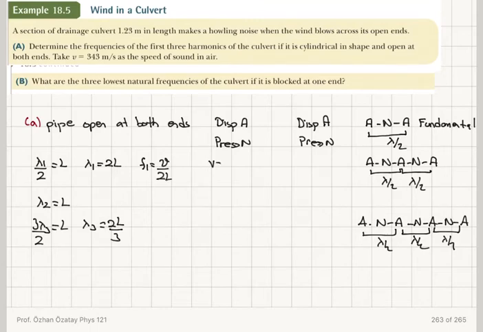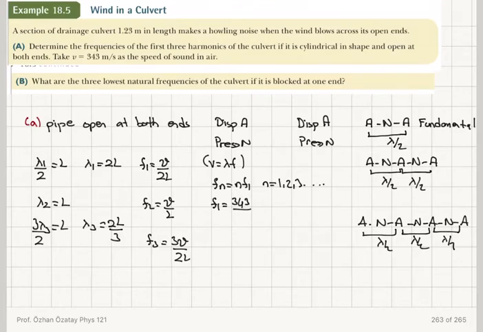So the corresponding frequencies: F1 is V divided by 2L. Remember, V is equal to lambda F. F2 is V divided by L. F3 is 3V divided by 2L. So Fn is nF1, n is 1, 2, 3. And I would like to know the first three harmonics. So F1 is 343 divided by 2 times 1.23 meters.